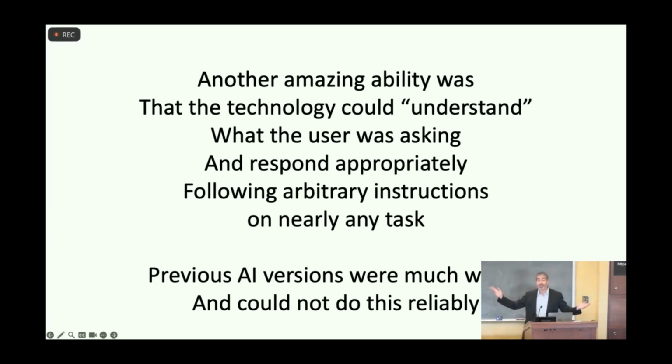But we never had systems that could take anything you asked and respond sensibly as if it understood. To this day, you can ask ChatGPT about just any topic, and it will respond sensibly. In the past, these things would not respond sensibly at all to arbitrary topics. That was a huge breakthrough.